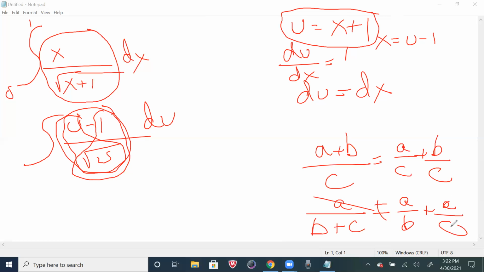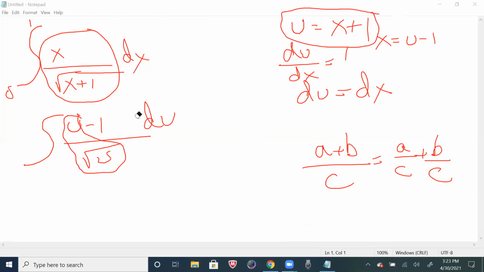In other words, you cannot do that one, because it's got a binomial term in the denominator. So the only one you can do is this one. And I have to use u substitution in order to get it into the form of that second one.